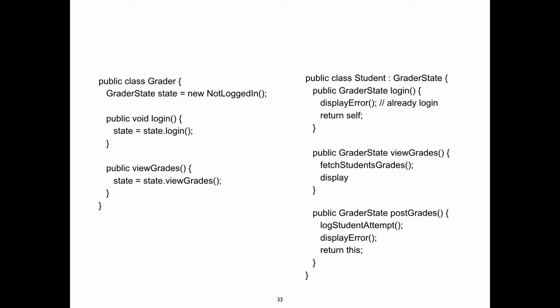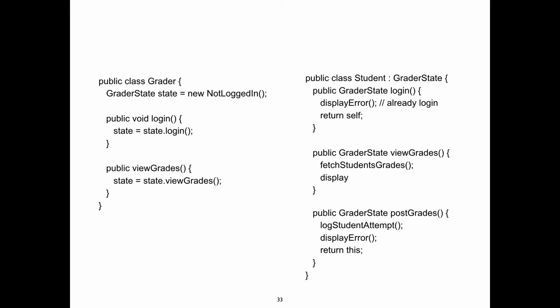Then here's an example of doing it for the student. When you're in the student state, what do we do? Well, when you log in, okay, but you're already logged in, so there's some error message. View grades, logging out, fetch student grades, post grades.